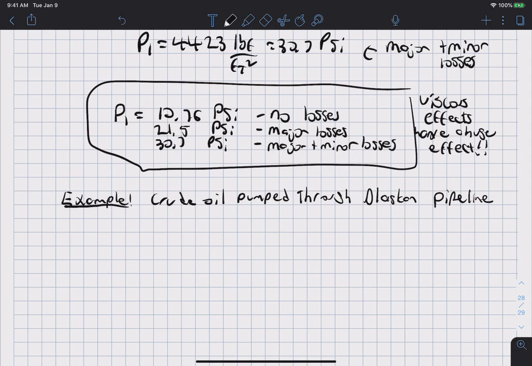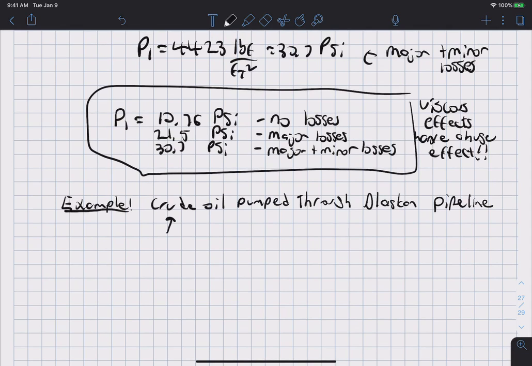And so for the crude, the specific weight, which is equal to rho times g, is equal to 53.7 pound-force per cubic foot. And the viscosity equals 8 times 10 to the minus 5 pound-force seconds per feet squared.